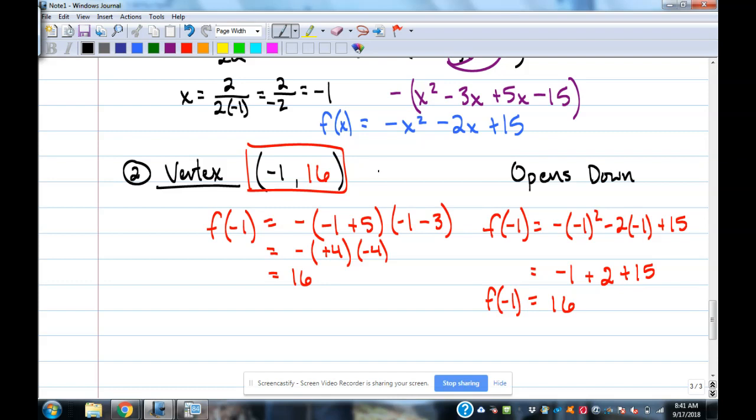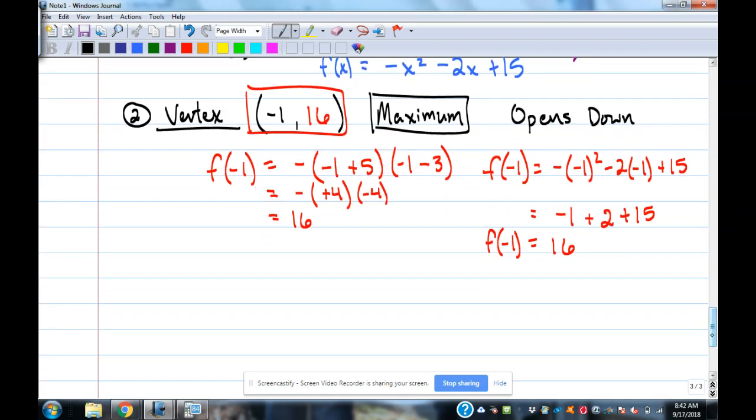Which means it's a maximum. That's going to be important, especially when we start doing some word problems this week. Maximums and minimums and stuff like that. Those are always important parts of word problems. Maximums and mins.